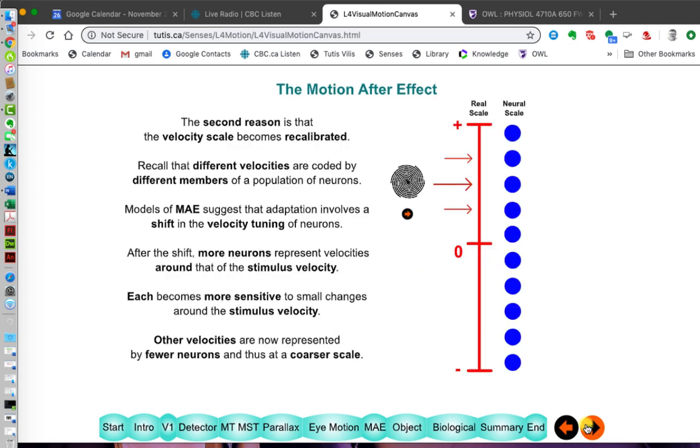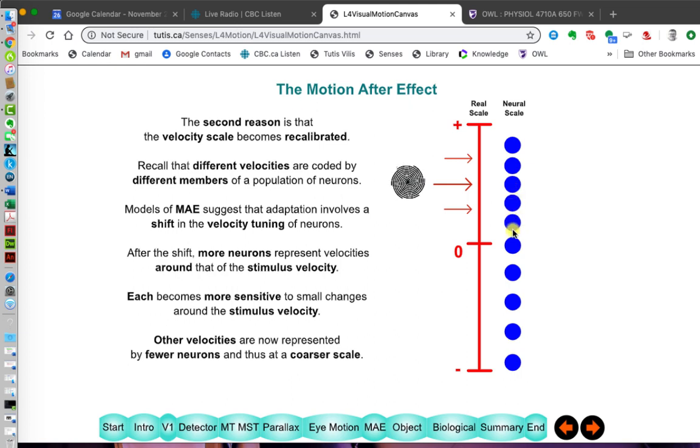The other possibility is that there's a purpose to it. That purpose is if there's a constant motion, like that circle was. That circle turns constantly. What it's doing, it's drawing cells, recalibrating the cells' perceived motion.